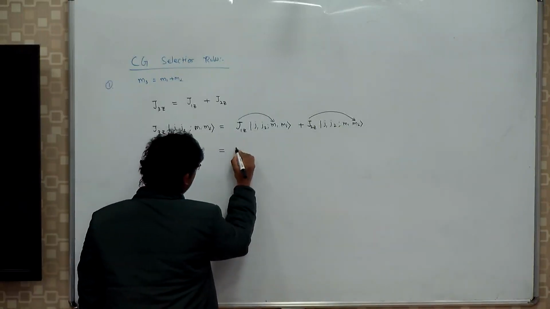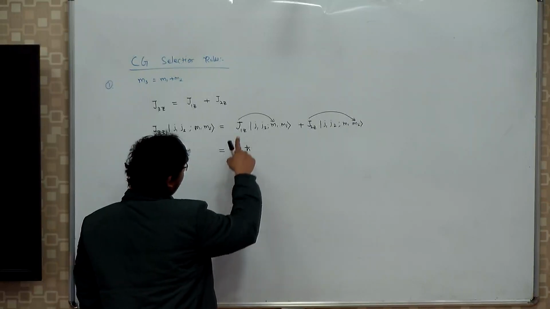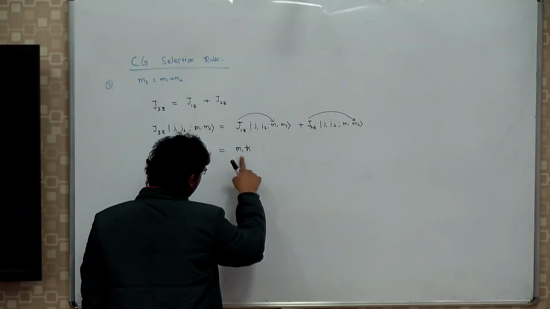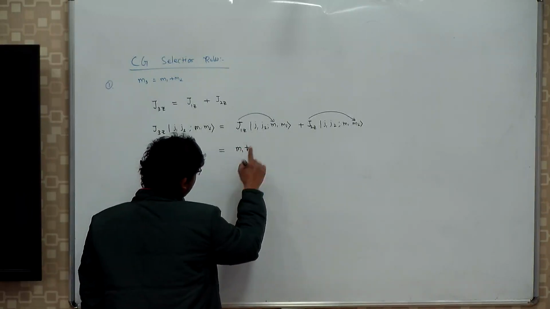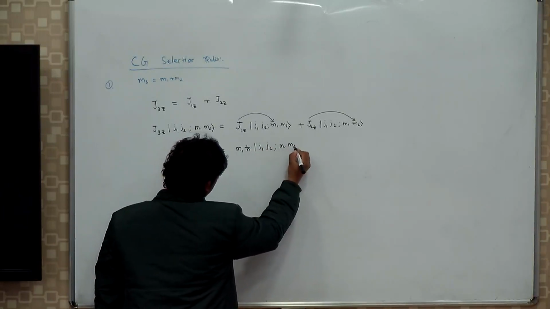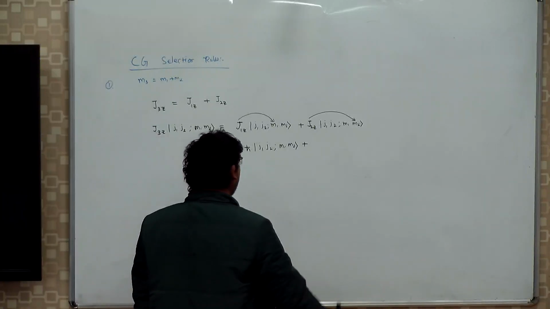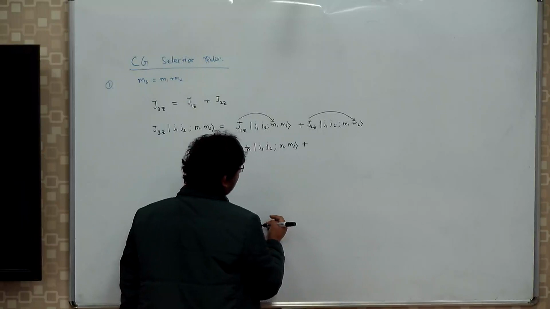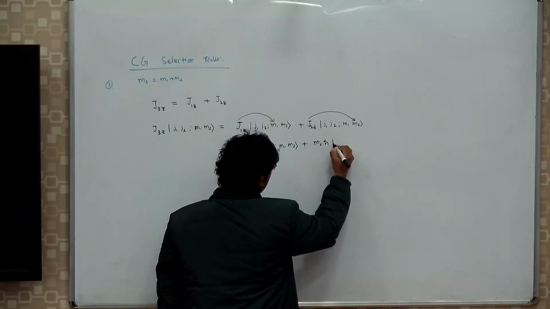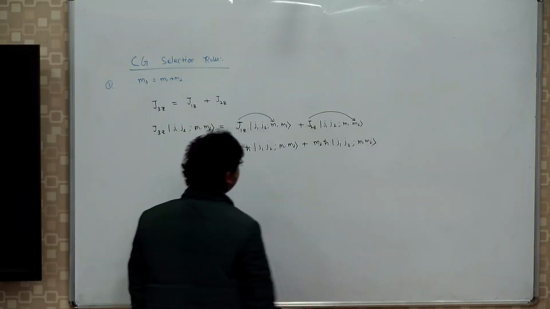Then we will get M1 ħ, which is nothing but the eigenvalue when this operator acts on this eigenstate, and the eigenstate remains |J1, J2, M1, M2>. Coming to J2Z acting on this uncoupled basis, or eigenvector, we will get M2 ħ, again with the state vector |J1, J2, M1, M2>.